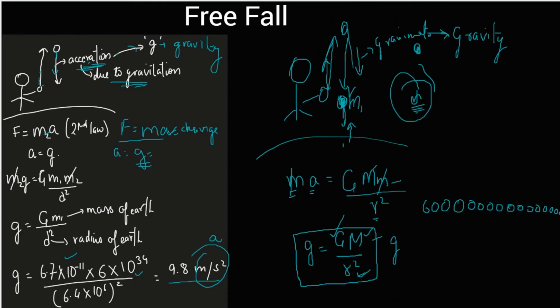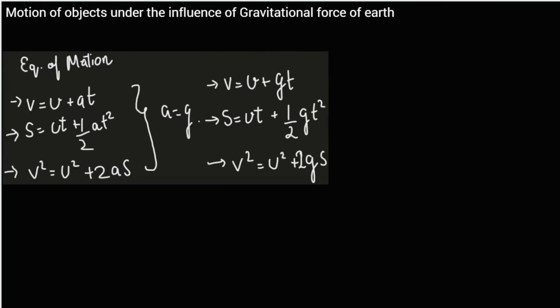Now next, motion of objects under the influence of the gravitational force of the earth. Yes, we have studied it, we just need to replace a by g. You have learnt the equations of motion 1, 2 and 3.